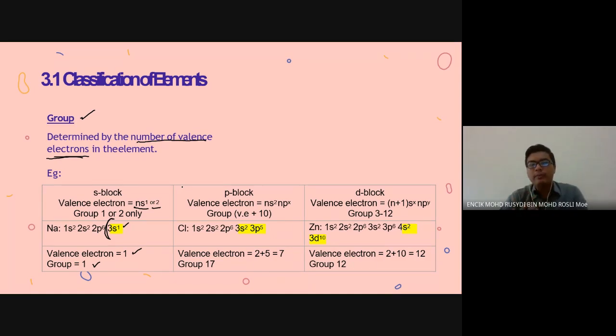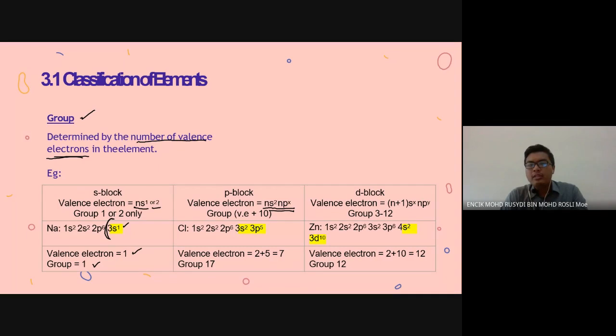For P block, so for P block is a bit complicated but it's simple juga. Okay. So the valence electron is located at the outermost orbital yang for ns2 and npx. X ni boleh jadi 1, 2, 3, 4, 5, 6 lah up until 6.